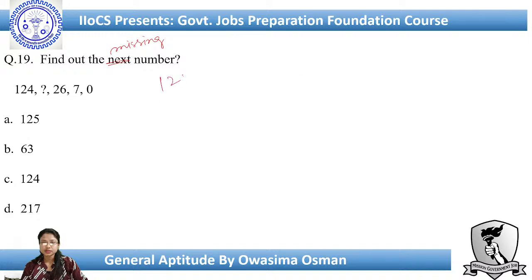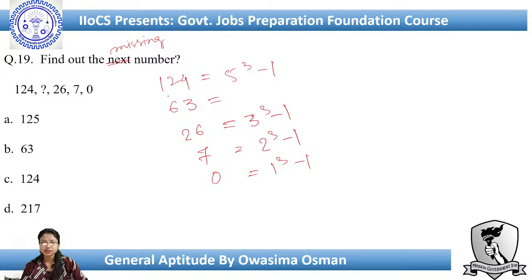So 124 we can write as 5 cube minus 1, and I am leaving the missing digit for now. 26 we can write as 3 cube minus 1, 7 as 2 cube minus 1, and 0 as 1 cube minus 1.